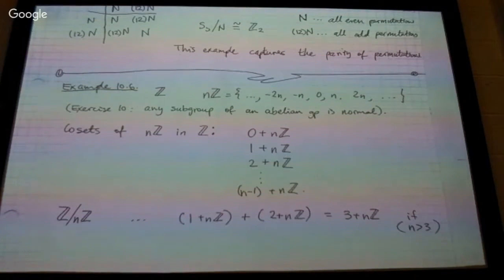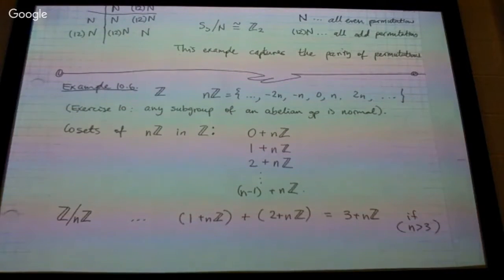So somehow it works the same as addition of integers. If you want to reach n, you have to go back to 0. Well, not exactly the same, because the elements are the cosets, but otherwise it's the same as addition on the line.